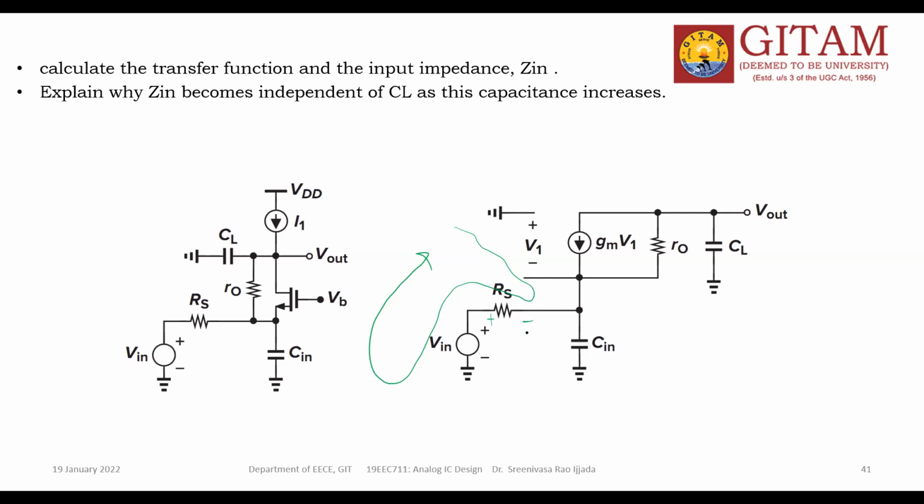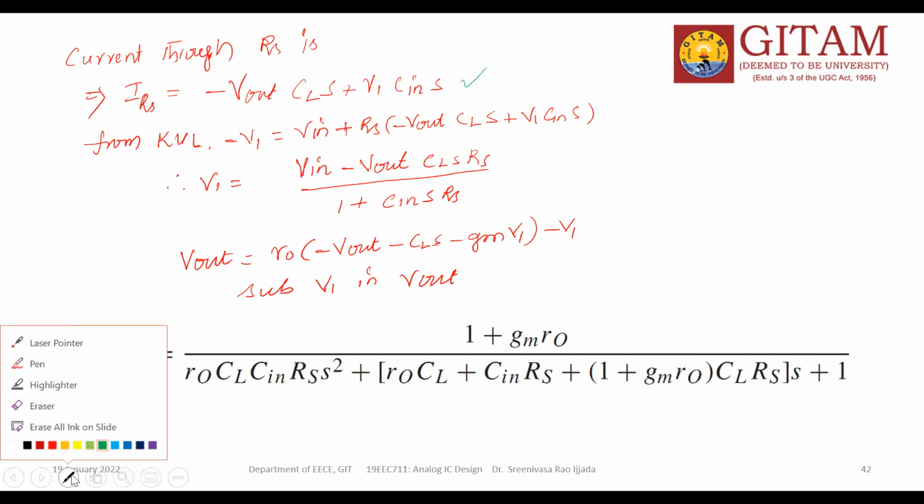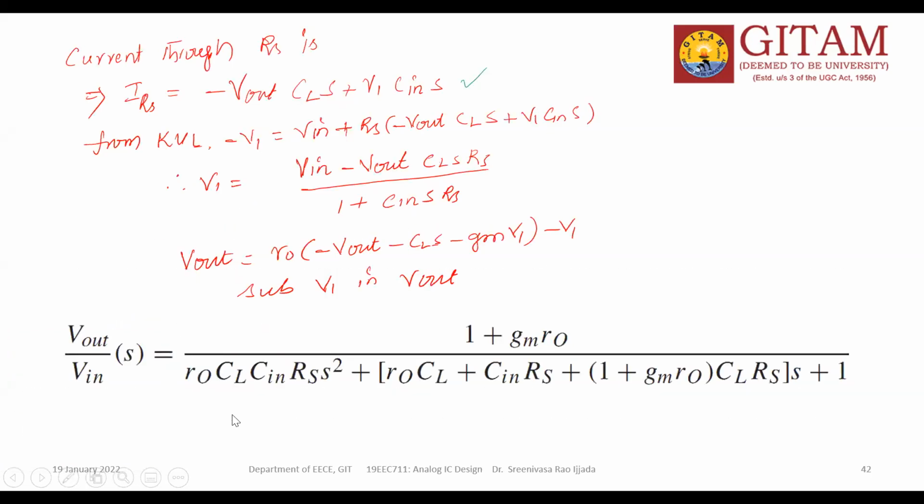You can say this is plus minus, or take minus to plus: minus V1 is equal to RS multiplied by current IRS plus V in. In this equation, I want IRS. Already I wrote IRS, and the IRS value is this much. Got my point? Yes, sir.